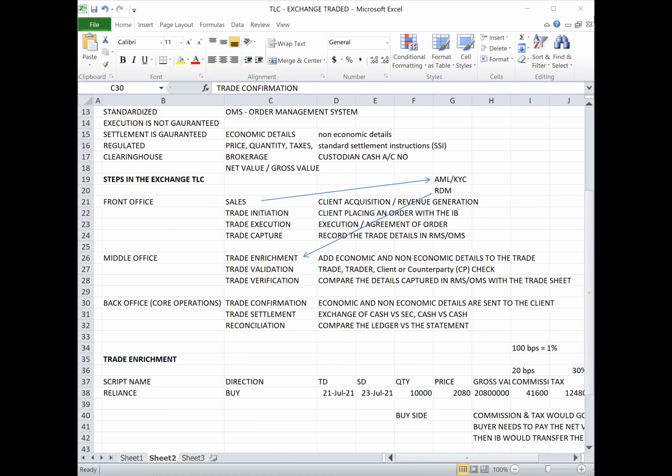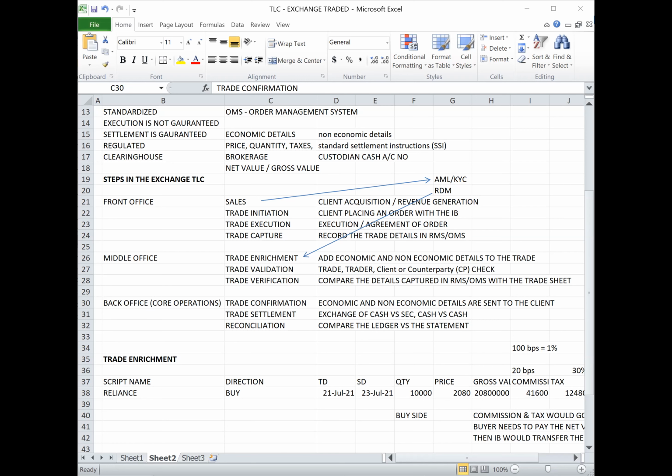So you just confirm everything to the client that this is what is happening based on the order you placed, so that the client cannot say later on, I did not do this, I was not aware of this. Everything would be transparent because of this step.